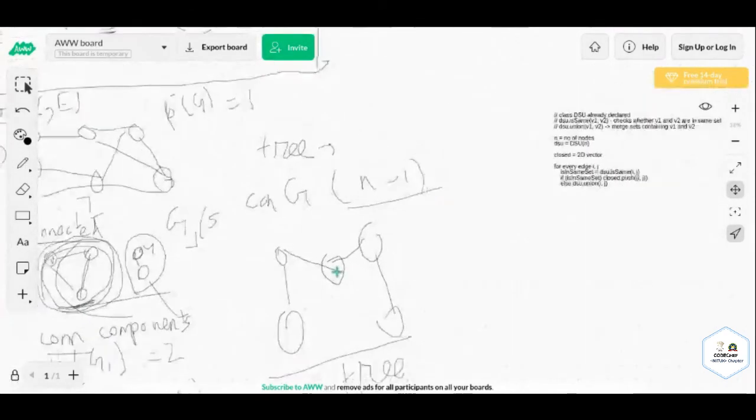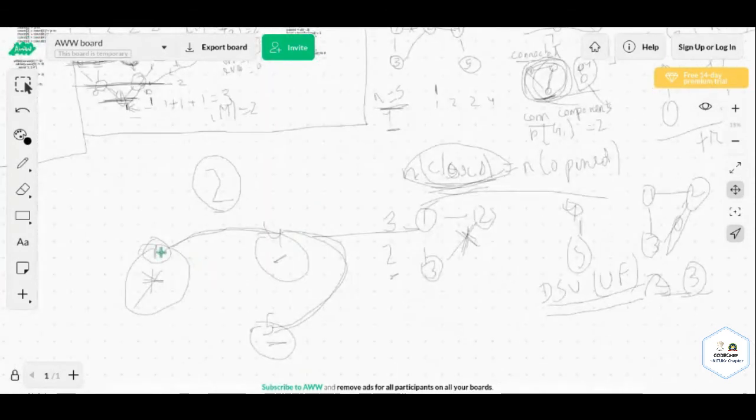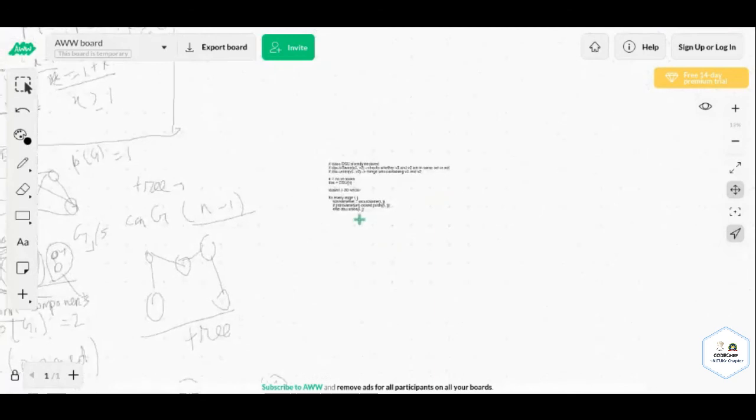We can find the root of each connected component and connect them. So if there were three roots, then we need two edges to connect them. These are the new roads.